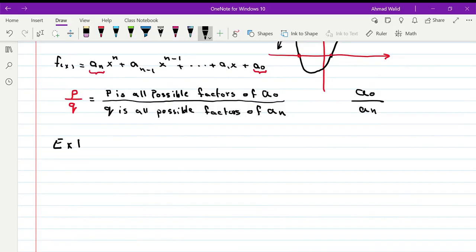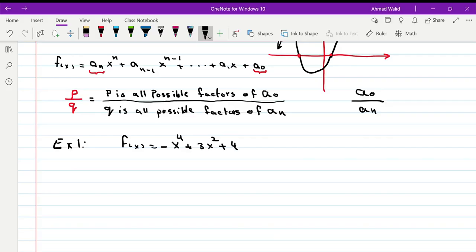Example number 1. List all possible rational zeros of f of x equals negative x to the power of 4 plus 3x squared plus 4.